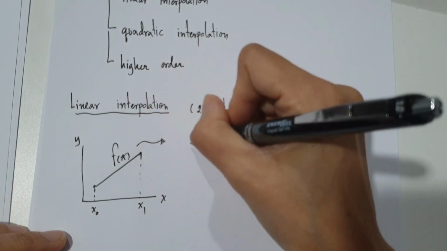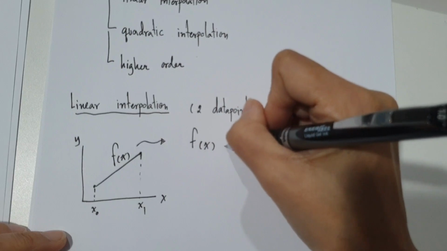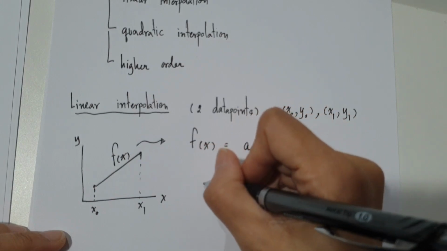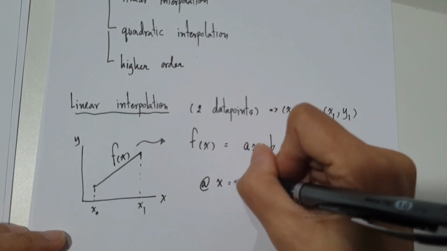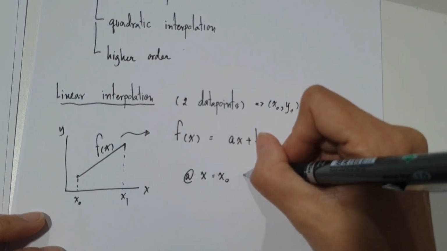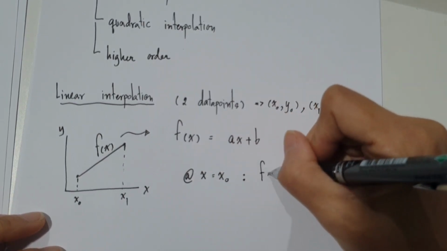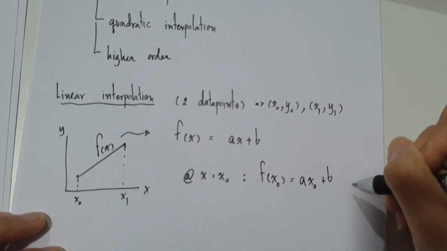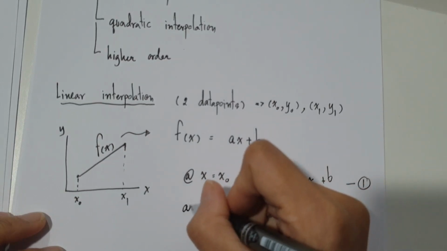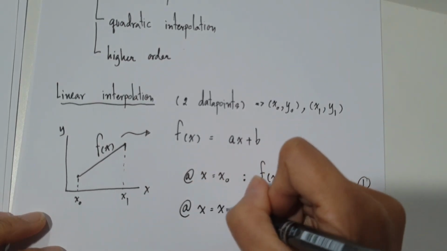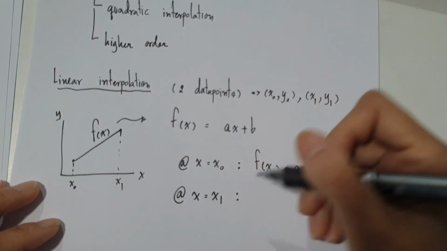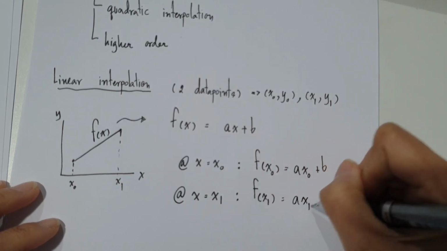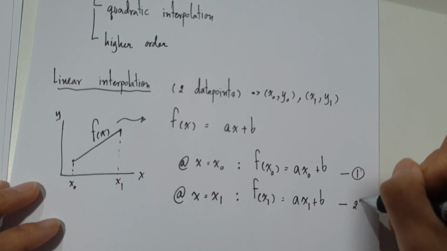This function will be represented by f(x) equal to ax plus b. So at x equal to x0, if we substitute into this function, we get f(x0) equal to ax0 plus b. Okay, this is equation 1. And also at x equal to x1, f(x1) equal to ax1 plus b. This is equation 2.